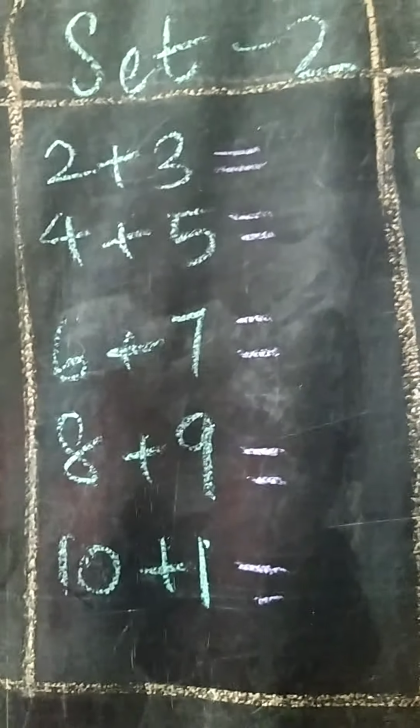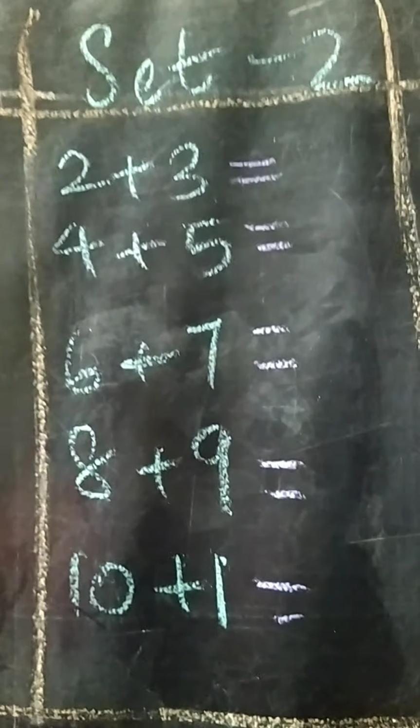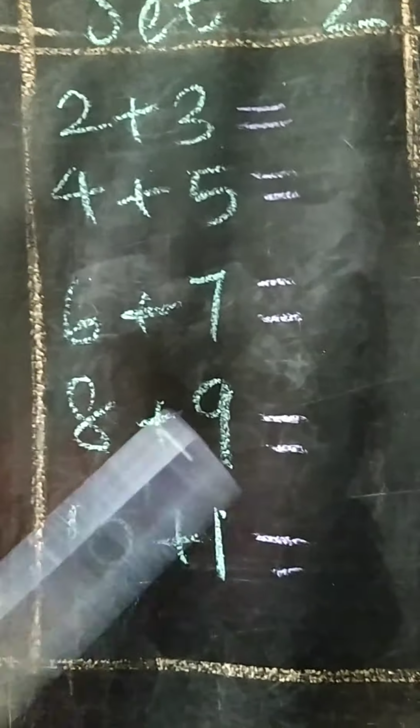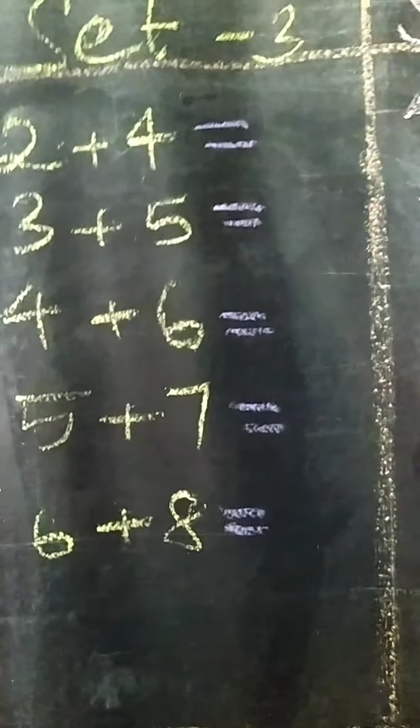Okay, so these are your questions. They are really easy. The set 1 consists of 1 plus 2, 3 plus 4, 5 plus 6, 7 plus 8 and 9 plus 10. The set 2 consists of 2 plus 3, 4 plus 5, 6 plus 7, 8 plus 9 and 10 plus 1.